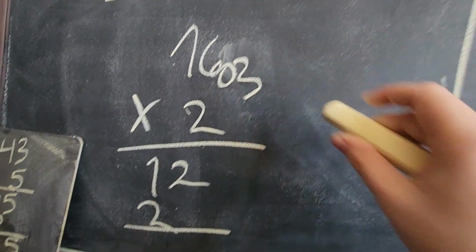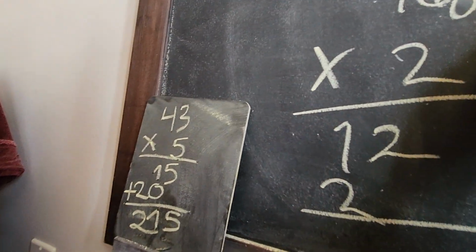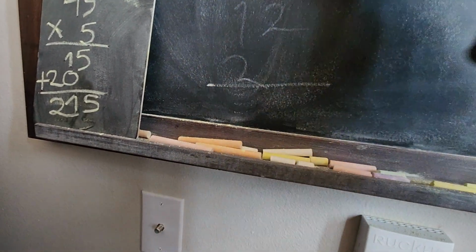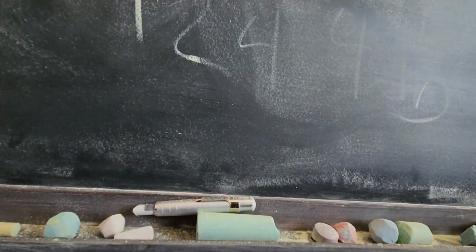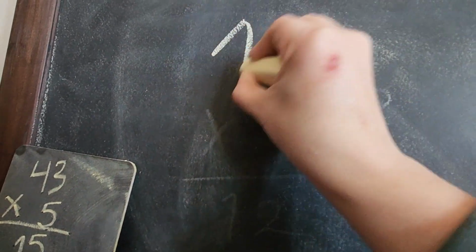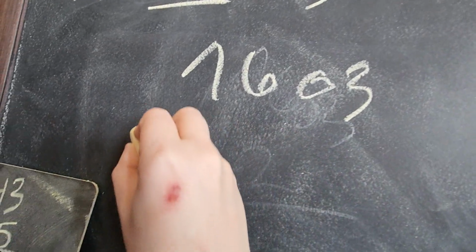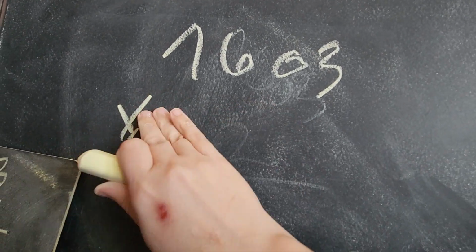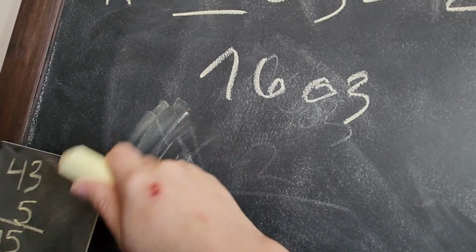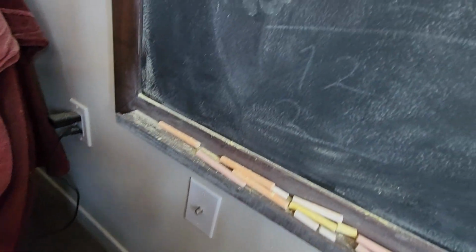Or else I could try to write it smaller. 16 times 2. I need a bigger chalkboard. Okay, so 16 ounces times 2. You have a hard time with this. I just knocked something over.